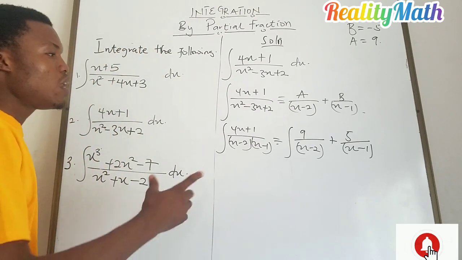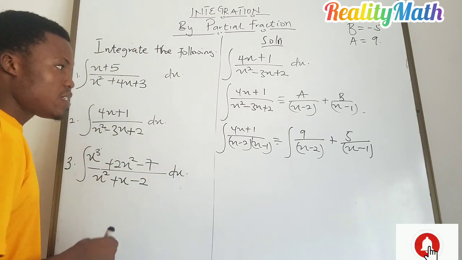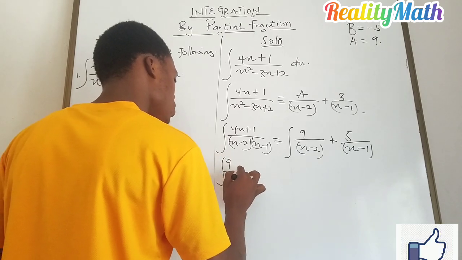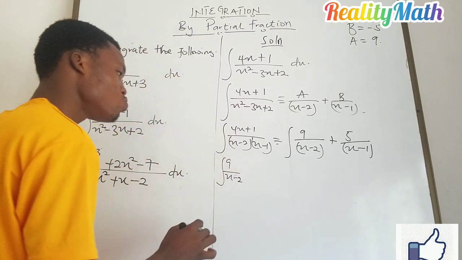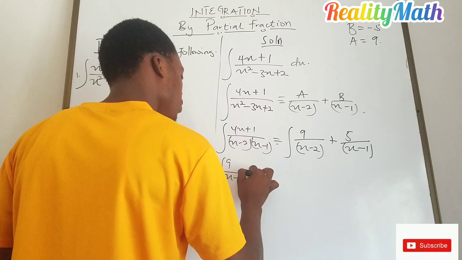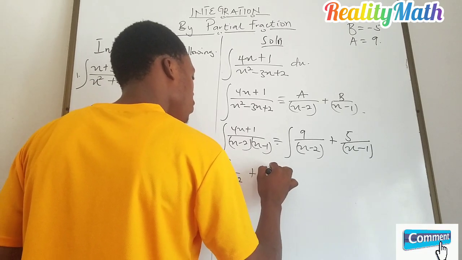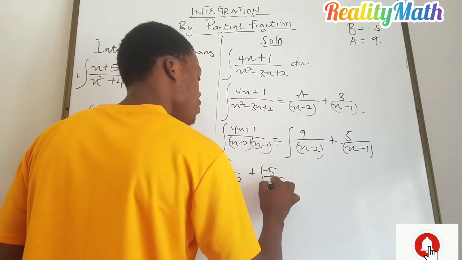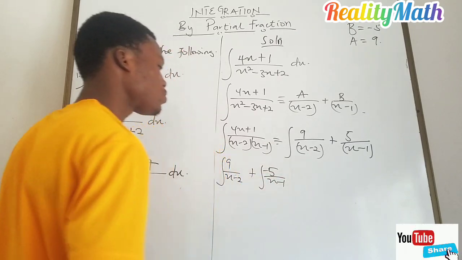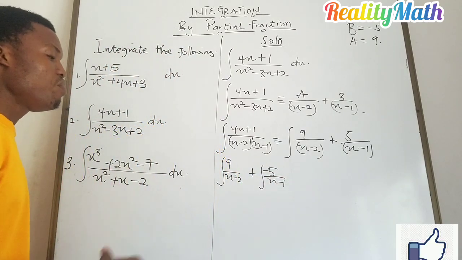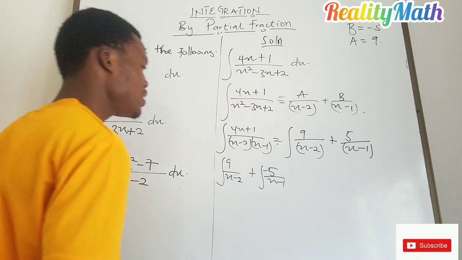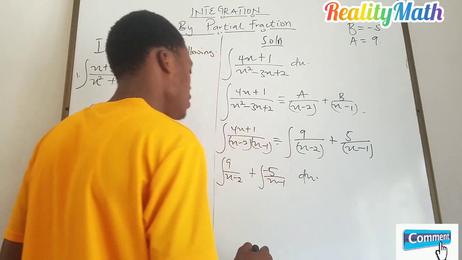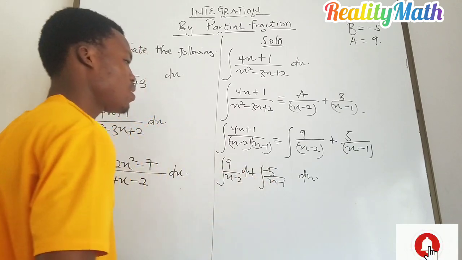Okay, so now let's try to integrate that. That is the same as the integral of 9 over x minus 2 dx, plus the integral of minus 5 over x minus 1 dx.